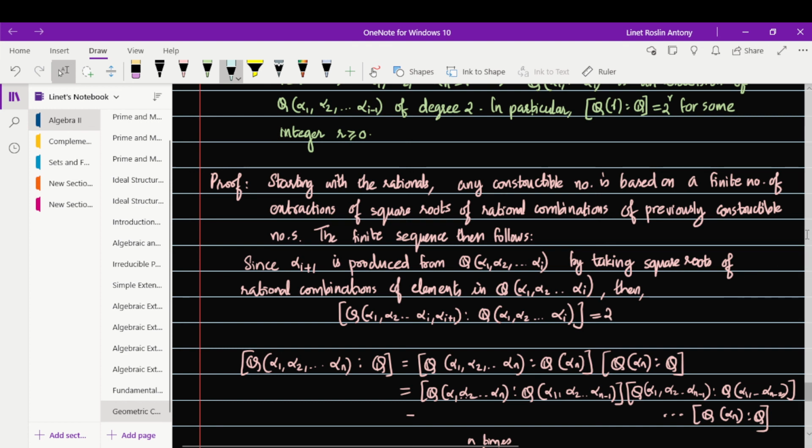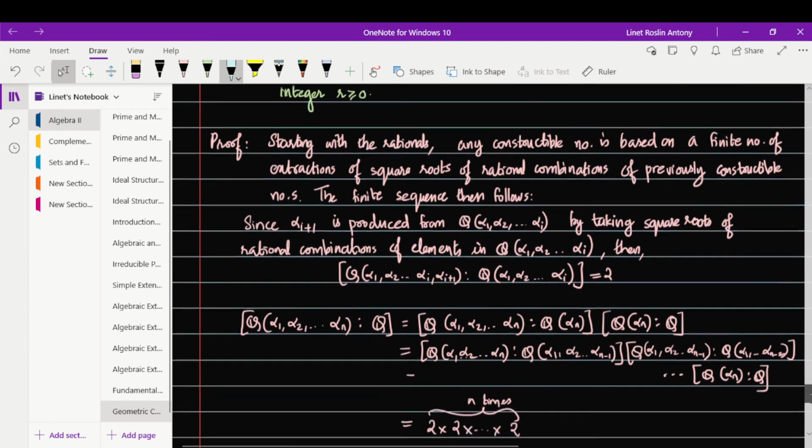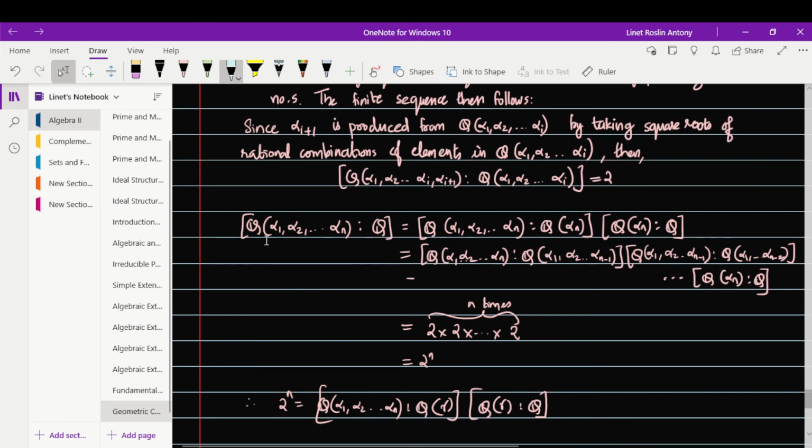So using the tower rule, you get that the degree of Q(alpha 1, alpha 2, etc., alpha n) over Q will be equal to 2 into 2 into 2 into 2 into etc., n times. So that is 2 power n. So instead of this alpha n, you can use gamma.